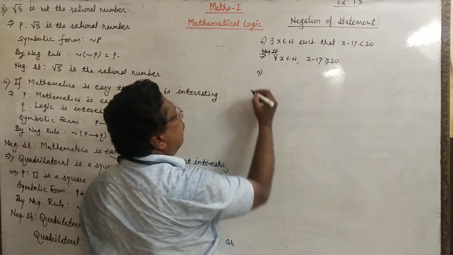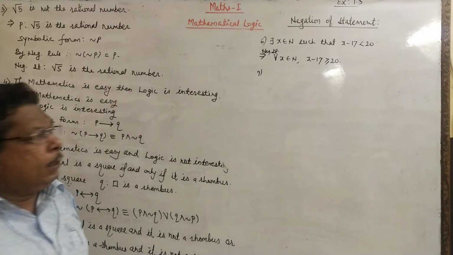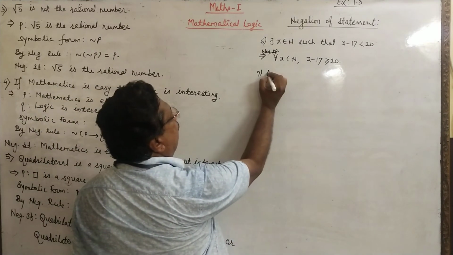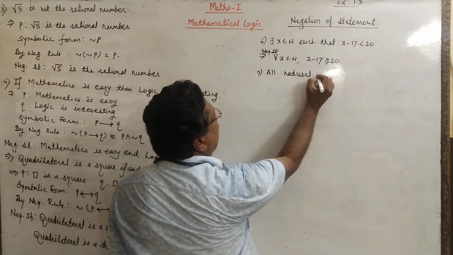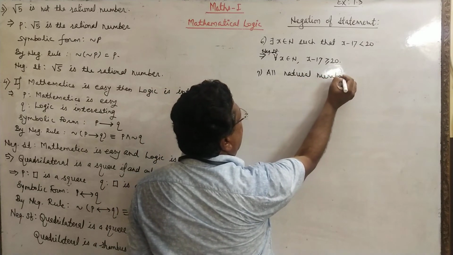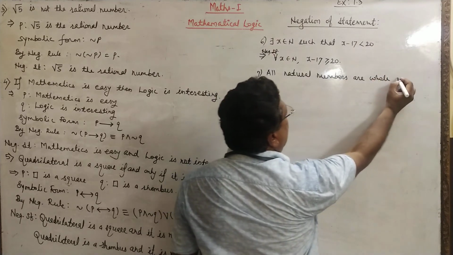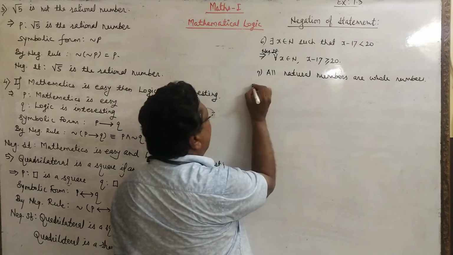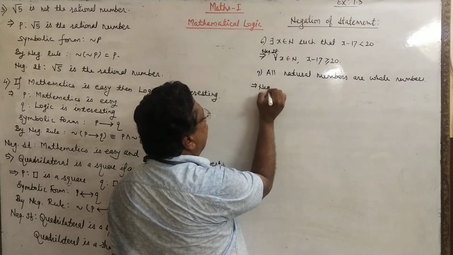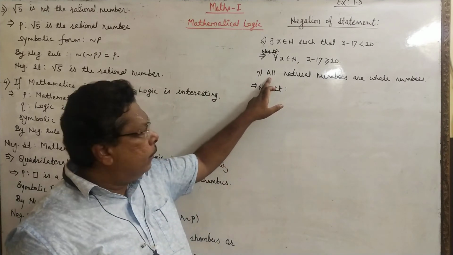The next question: all natural numbers are whole numbers. Okay, write down its negation statement. At the time of negation, 'all' is replaced by 'some'.